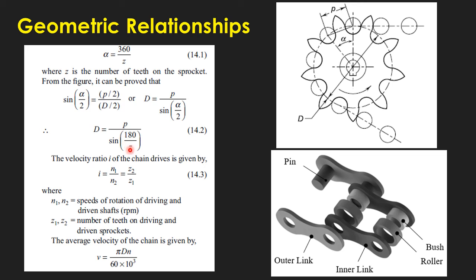So the pitch circle diameter, we can develop in this particular form. And this is the velocity ratio, which is the normal velocity ratio we use in all our calculations. The 1 and 2 suffixes are there because it is not one particular driving wheel we will be considering. We will consider the driving sprocket as well as the driven sprocket. So that's why N1, N2, Z1.